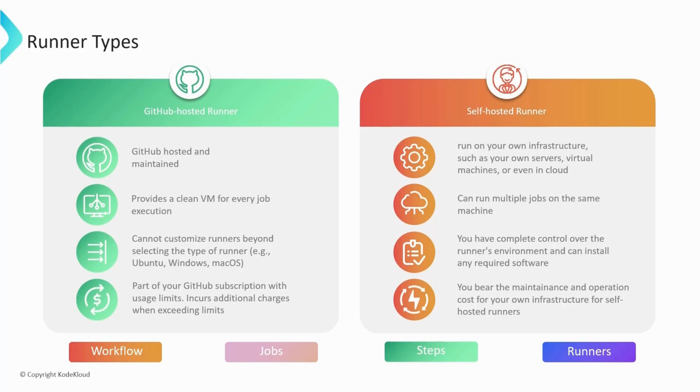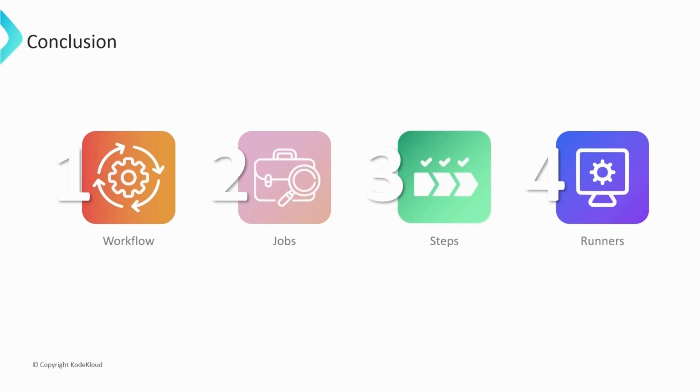So choosing between the GitHub hosted runners and the self-hosted runners depends on factors like your workflow requirements, security considerations, and infrastructure capabilities. Each has its own advantages, and the choice should always align with your specific needs. So in this video, we provided a brief overview of workflows, jobs, steps, and runners.